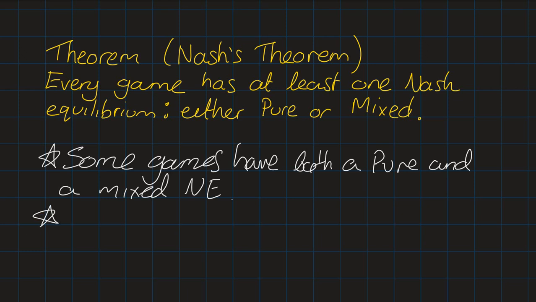Some games can have both, but you're never going to have a game which has neither. So this theorem can be used to help you find out whether a game has a mixed Nash equilibrium. Because as we've seen, it takes a lot of time and effort to calculate the mixed Nash equilibrium. So you can sometimes use this theorem to conclude that there is a mixed Nash equilibrium if the game doesn't have a pure Nash equilibrium.